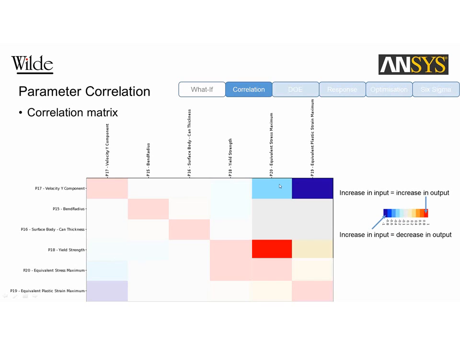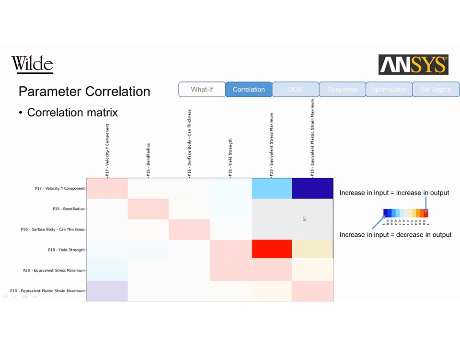The heat map is obviously color-coded, and red signifies that an increase in yield strength drives an increase in equivalent stress. That's obvious because you're moving higher up the Young's modulus, basically. At the same time, we find that as we increase velocity, there is an inverse proportional relationship to equivalent plastic strain.